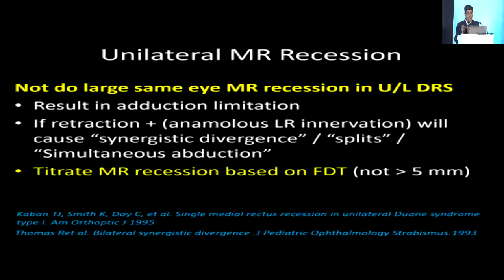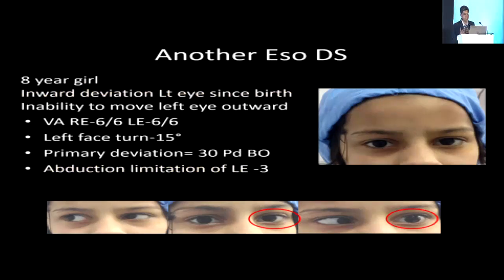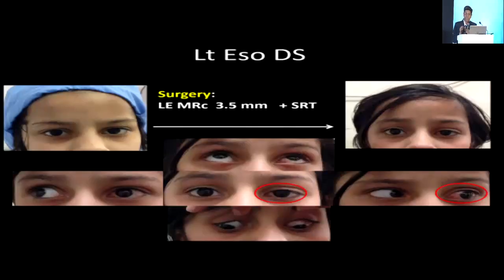If there is a significant amount of retraction, and you do just the medial rectus recession, you may in fact have a synergistic divergence in the post-op, which will be very, very bad, or splits, and therefore you may have to do the lateral rectus also in a case like that. We'll see. So another child with ESO-Duane's, you can see the amount of deviation was greater. In this, we did a very small amount of medial rectus recession.